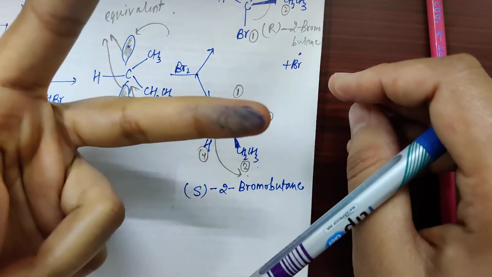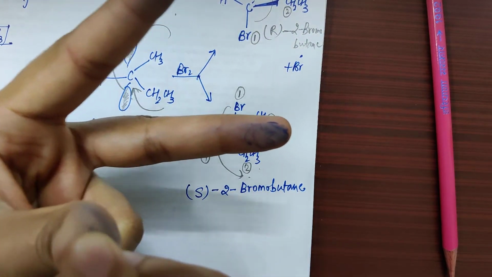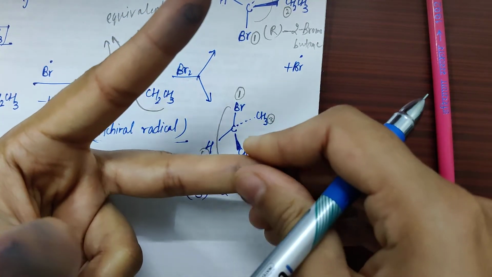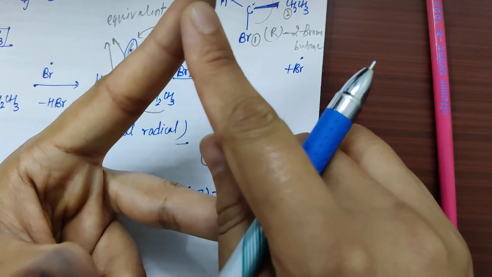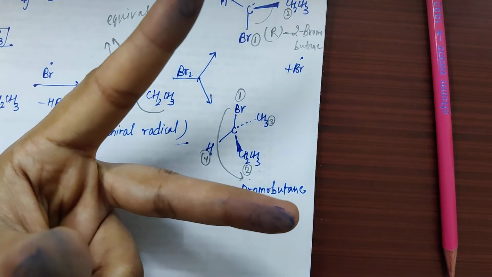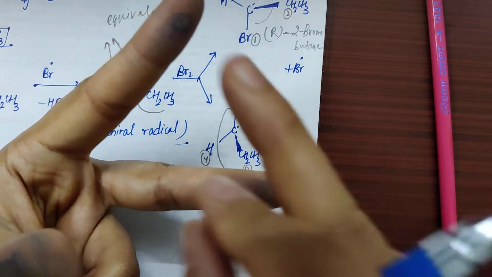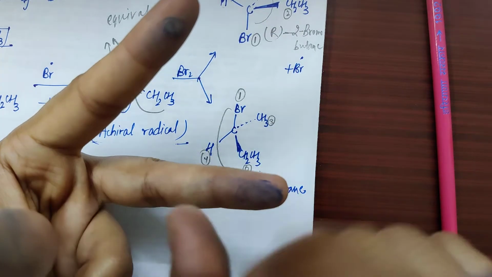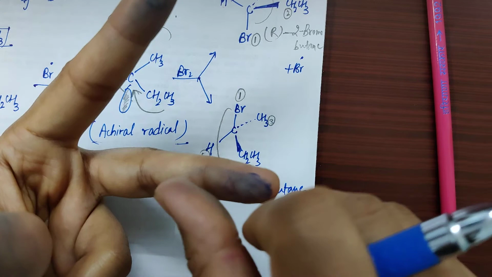Okay, so these three: now my thumb will be bromine, this finger will be ethyl, and this finger will be methyl. So the priority order will be 1, 2, 3. Okay, 1, 2, 3. So that way you can imagine the rotation, how you are going to do the rotation.